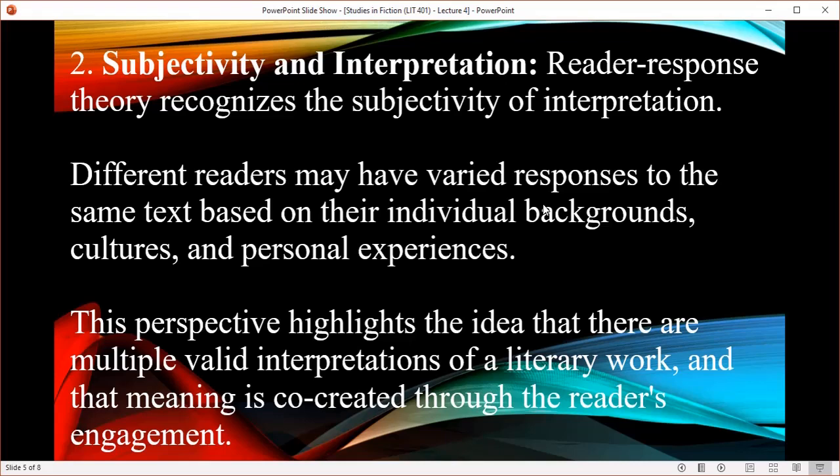The second principle under the reader response approach is subjectivity and interpretation. Since the interpretation is not determined by the text but by the reader, the interpretation is subjective.